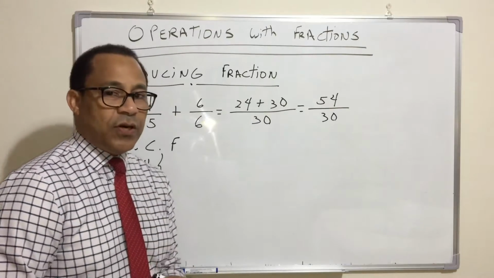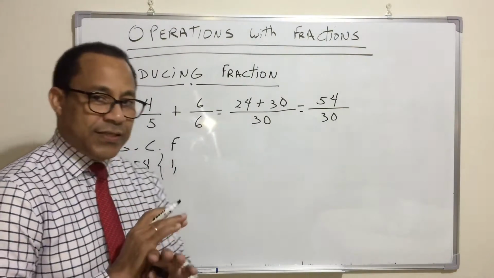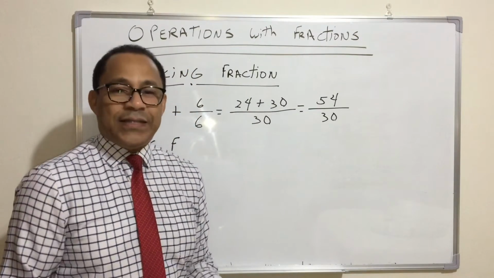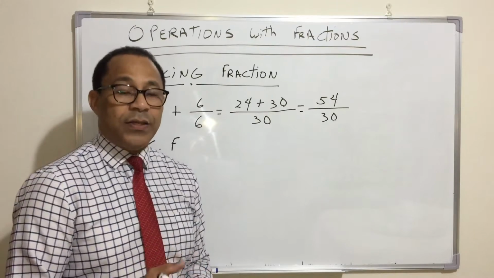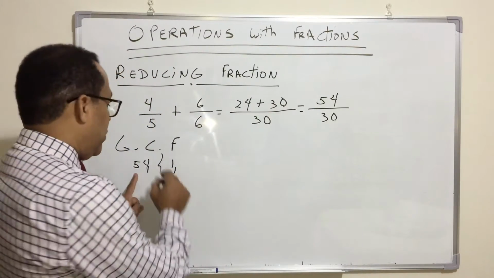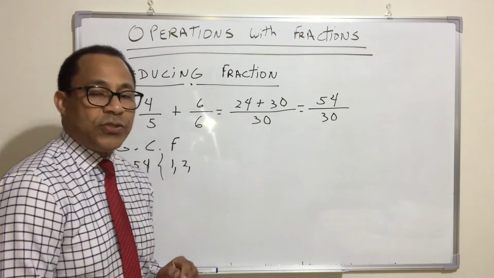The factors of 54 are 1. 1 is always a factor for all the numbers. Why is it 1? Because 1 times 54 gives us the same result, 54. 2. Why 2?